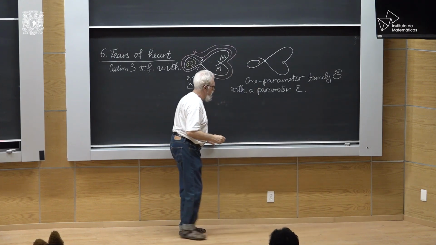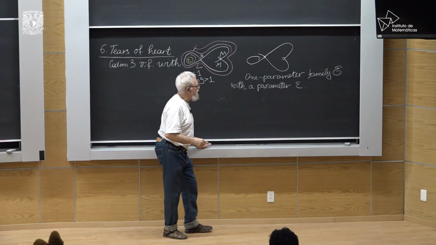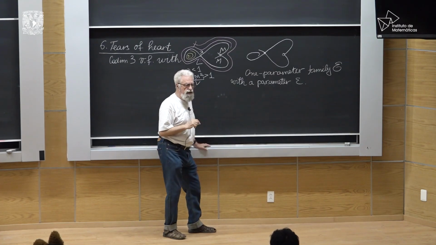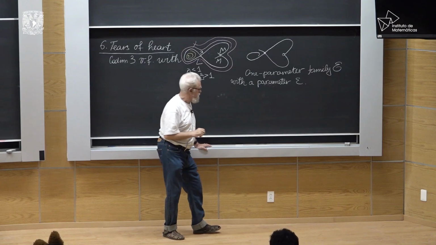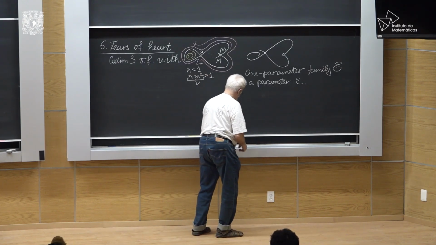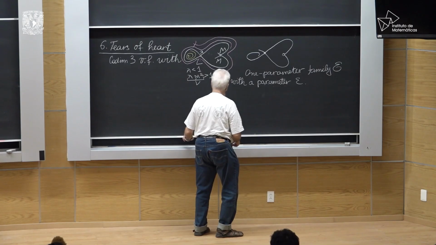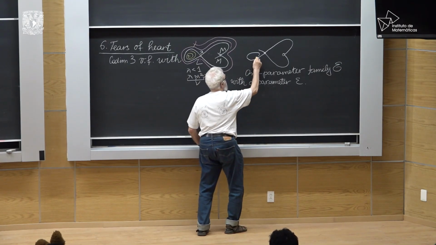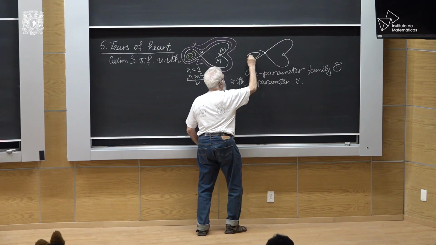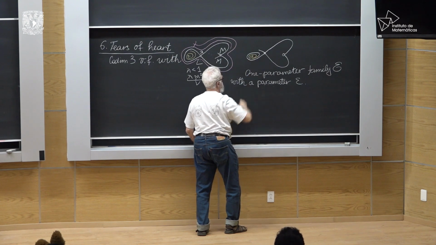So we will have, at least in this one-parameter family, at least two subfamilies of sparkling saddle connections. First subfamily occurs corresponding to these saddle connections.